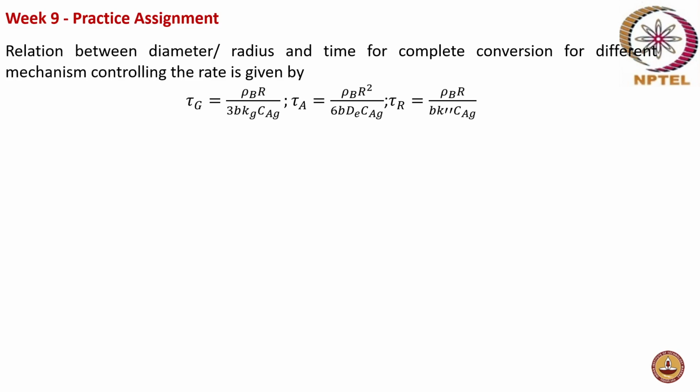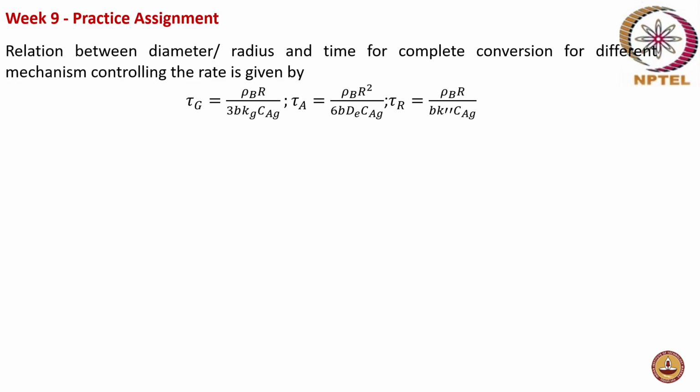So tau g, the time for complete conversion if the gas film is controlling, is given by rho B into R by 3b kg into Cag, right? Where rho B is the density of the solid, R is the radius, b is the stoichiometric coefficient of the solid, kg is your mass transfer coefficient through the gas film, and Cag is your concentration of the gas.